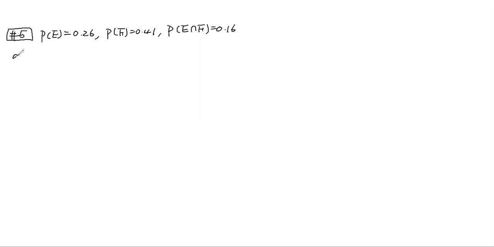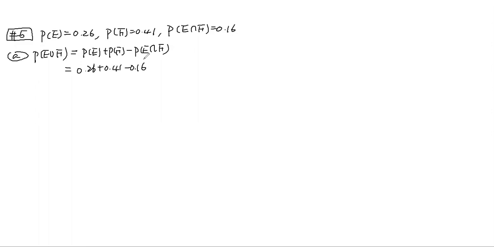I typically like to do this type of problem by using Venn diagrams. All right, so let's take a look at part A. They want to find E union F. For E union F, you don't have to do the Venn diagram. You can just use the addition rule, right? So it will be P(E) plus P(F) minus P(E intersect F). So this is just 0.26 plus 0.41 minus 0.16, right?